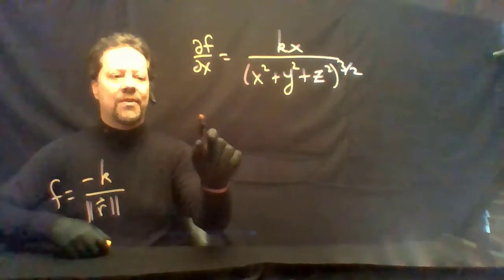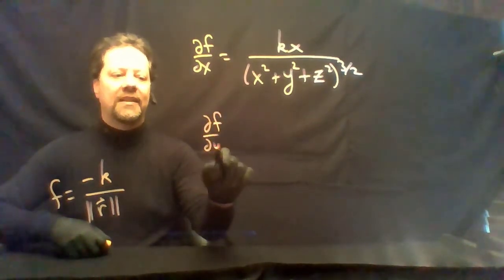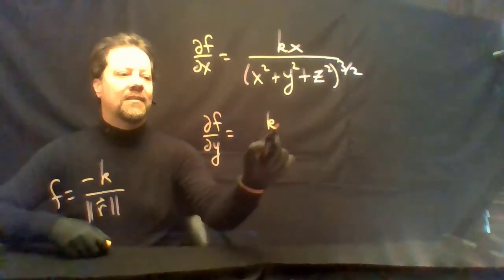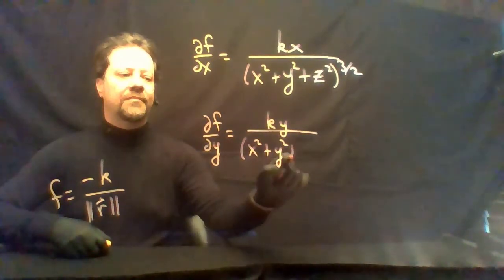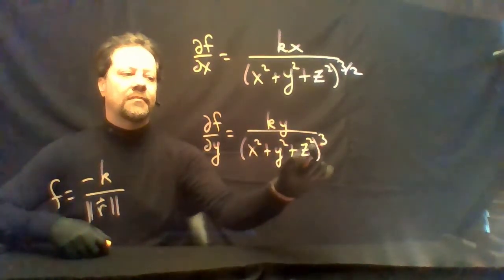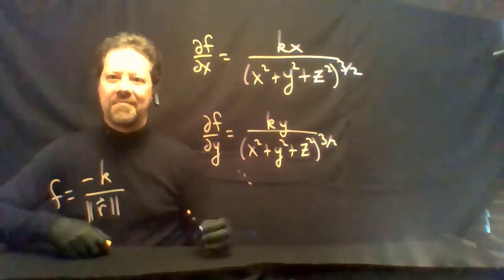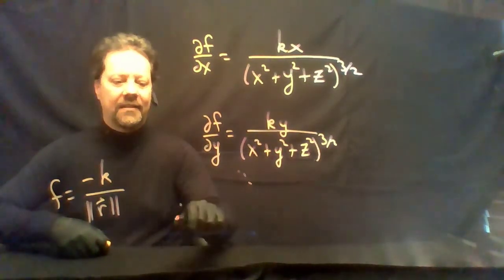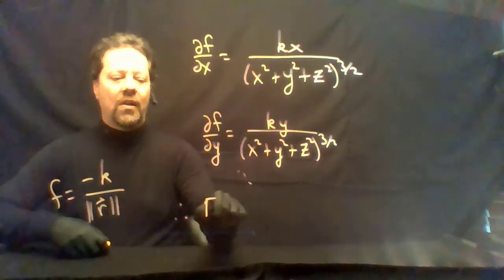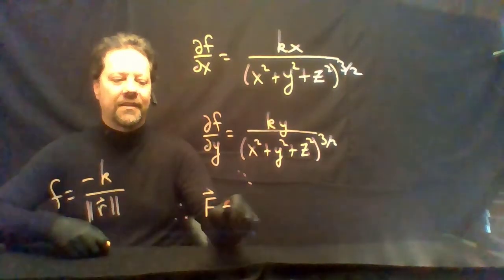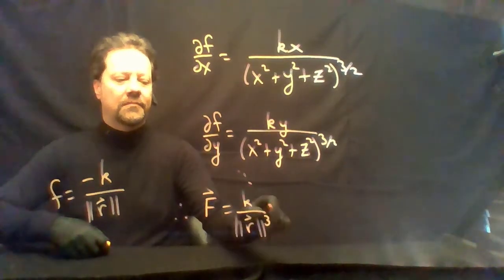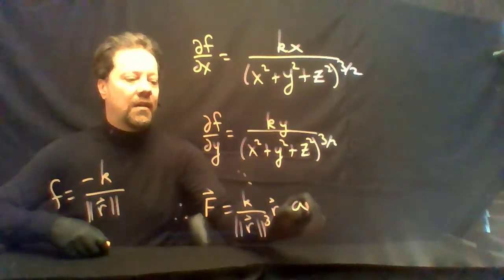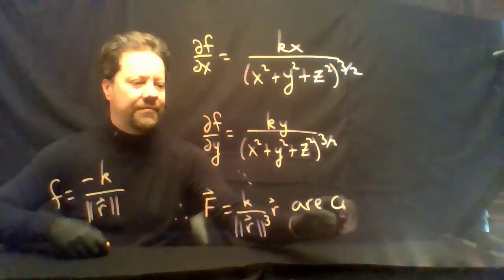But by symmetry, we'll also have df/dy is ky over the same denominator, etc. It follows then that all inverse square fields are conservative.